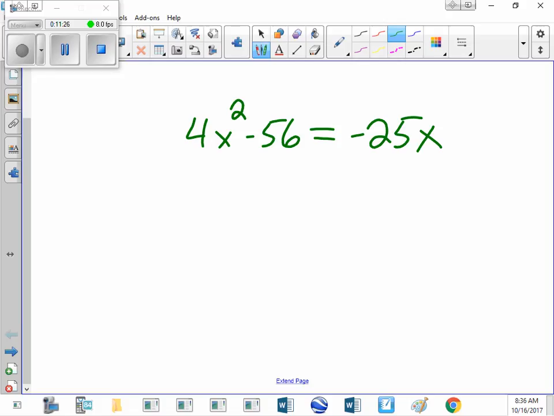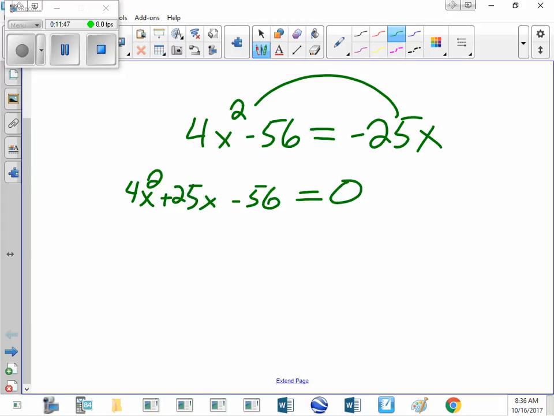Why do I not want to move them to the right? You'll end up with a negative 4x squared, and we want that leading coefficient to be positive. So how do I move this over here? Add it. 4x squared plus 25x minus 56 equals 0.